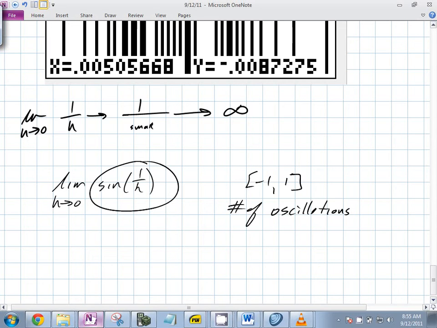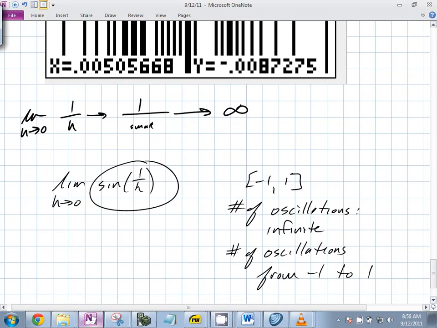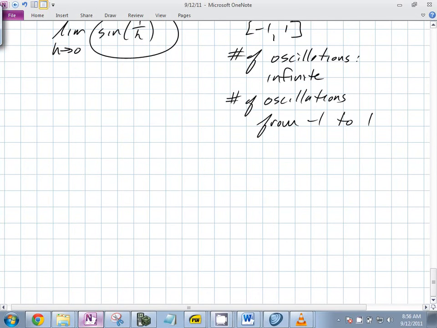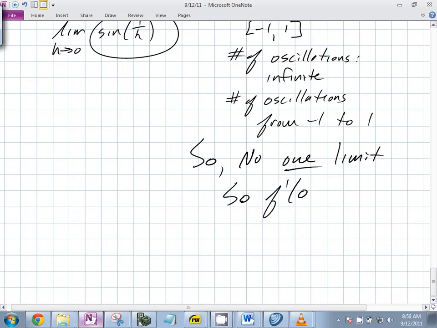And what does it oscillate between? -1 and 1. So is it possible for this thing to actually have a limit? No, not one limit. So f prime of 0 does not exist.